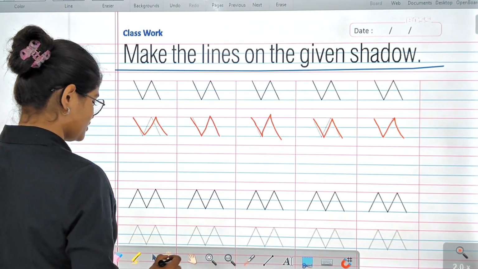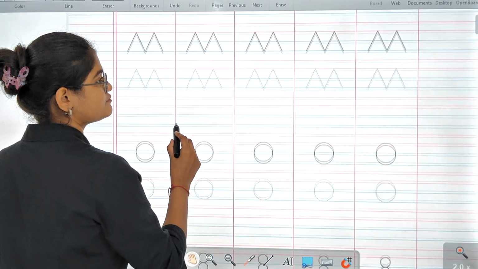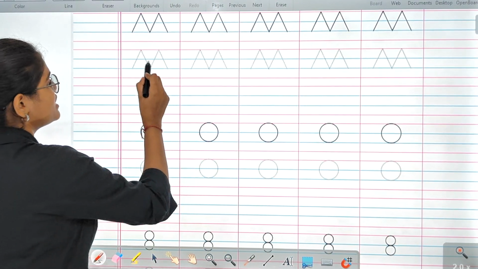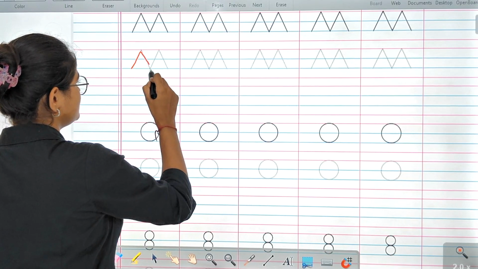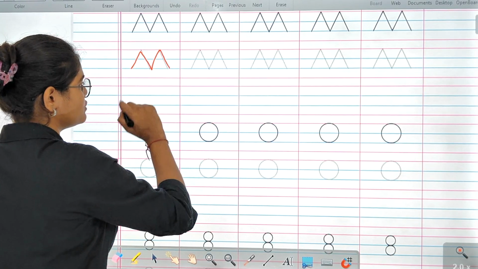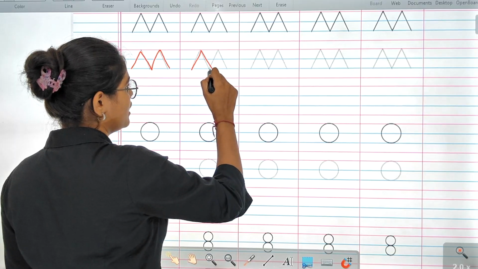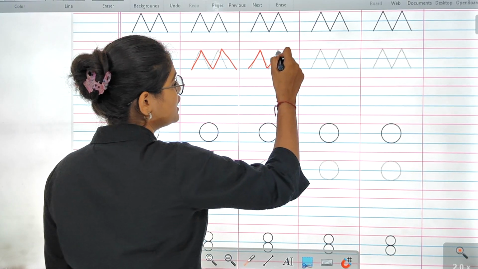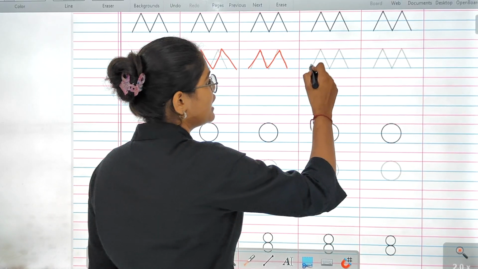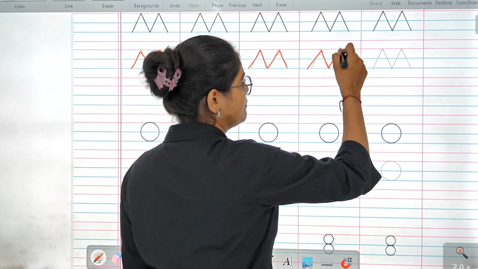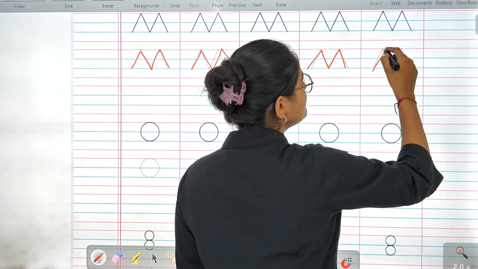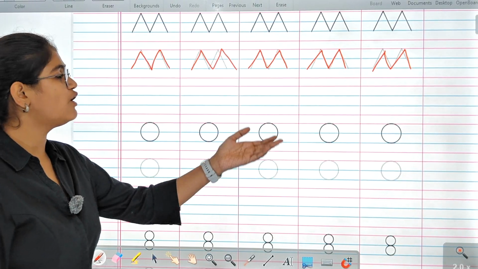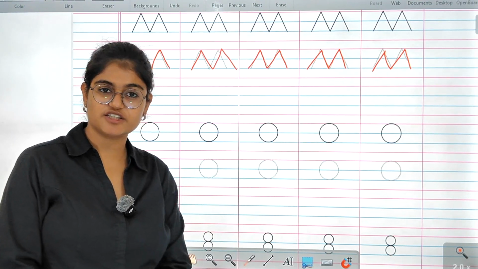Now let's move ahead to the next pattern, which is up, down, up and down, up, down, up and down. So this is how we easily learn to make this pattern also.